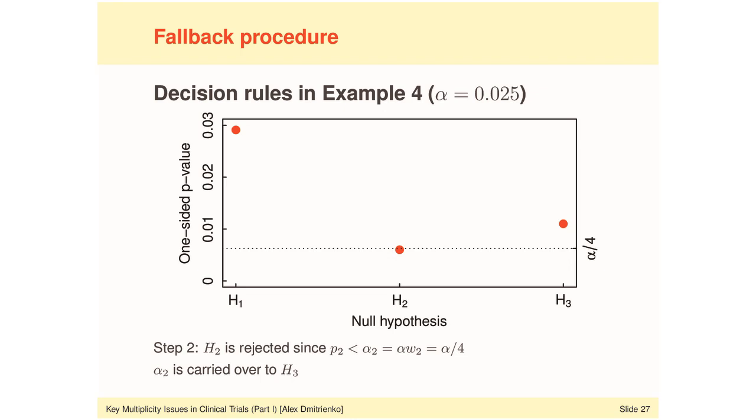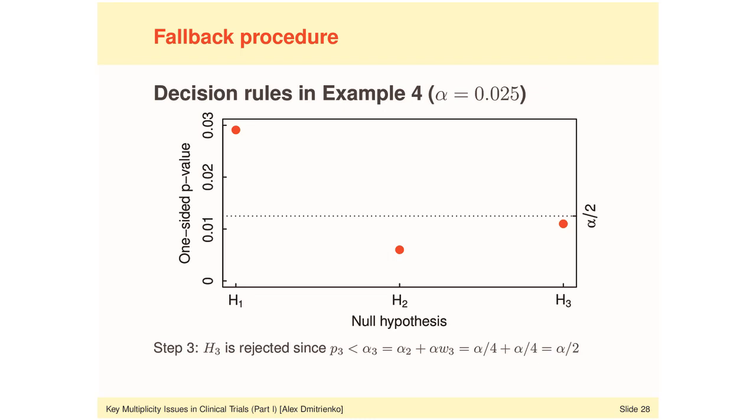In this particular case, that predefined weight was 25%, which results in a pre-assigned significance level of alpha over 2. And you can see here that the orange dot is slightly below the threshold, which is drawn at alpha over 2, which results in a decision to reject this null hypothesis, and then the significance level used in this test will then be transferred to the next hypothesis in the sequence.